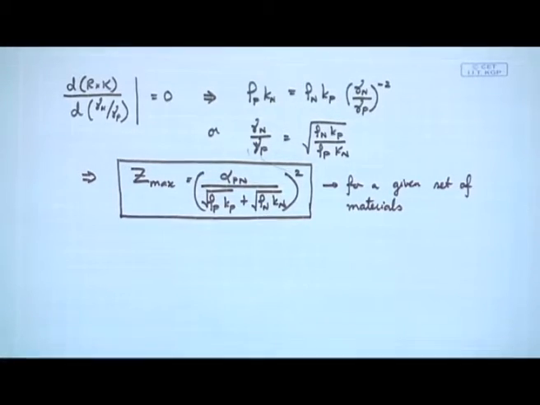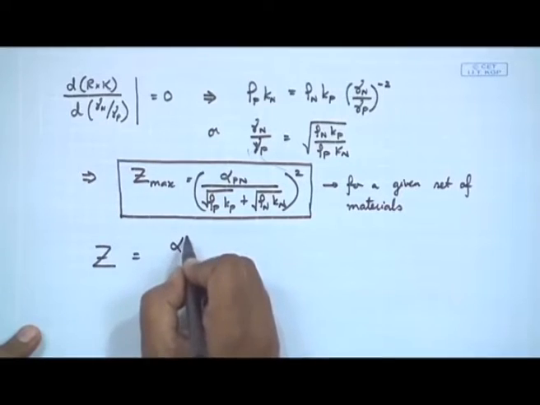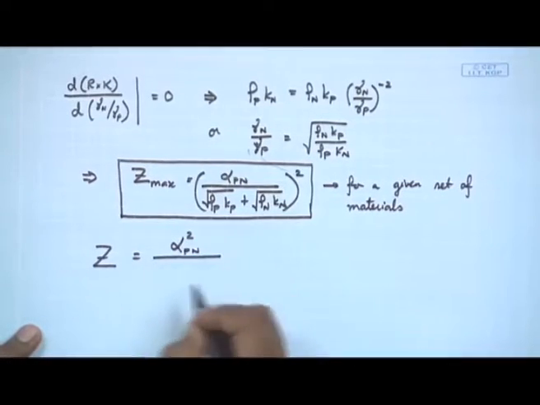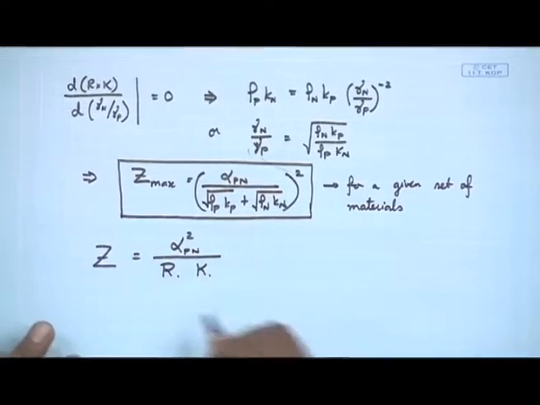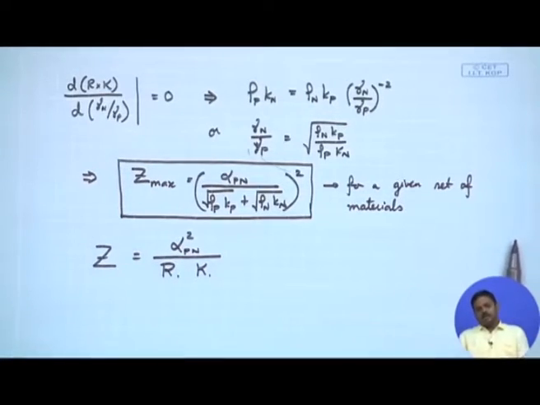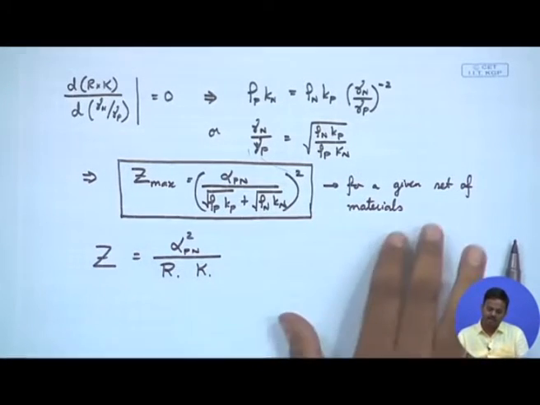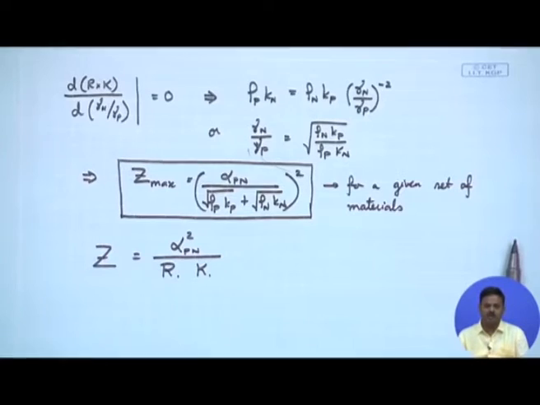Okay. Now, the other thing that I would like to point out, which is probably the most important when we talk about any research on thermoelectrics, is R times K. So, let us look at this expression once again. In the previous one, we assumed the material is given and we can play around with the dimensions.